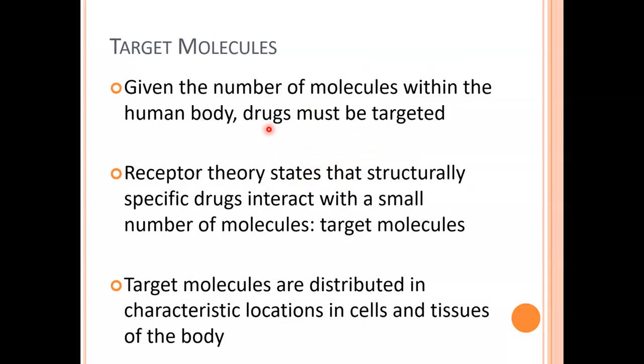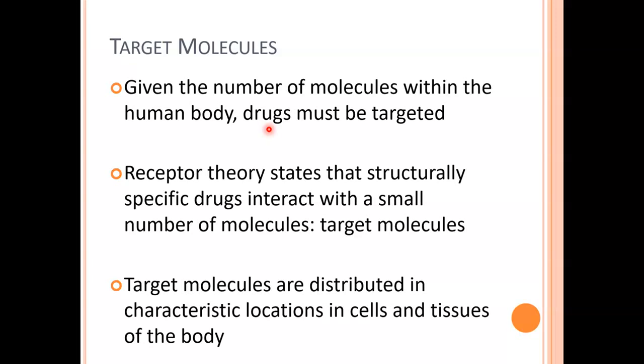So, target molecules. Given the number of molecules within the human body, the drugs must be targeted. I have no idea how many molecules there are within the human body, but it would be trillions, billions, zillions. I'm not sure. It's been a while since I've pondered Avogadro's constant, the number of atoms in a couple of grams of material, but we know it's a stupidly large number.